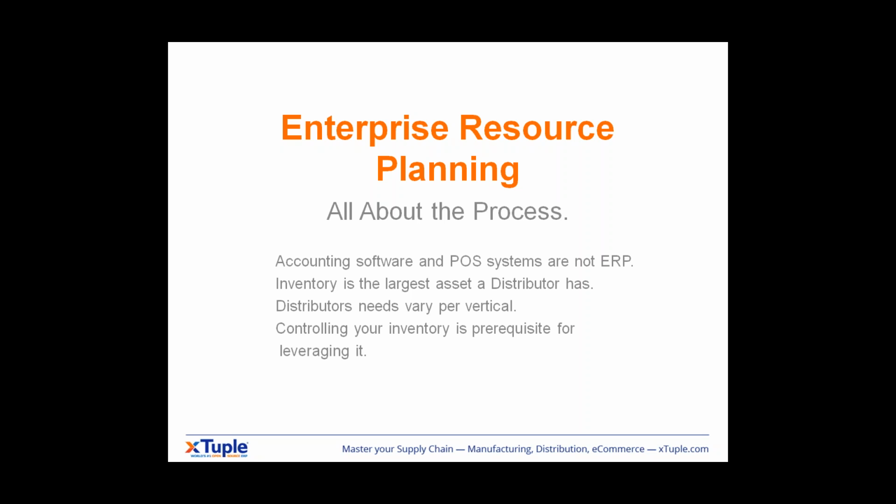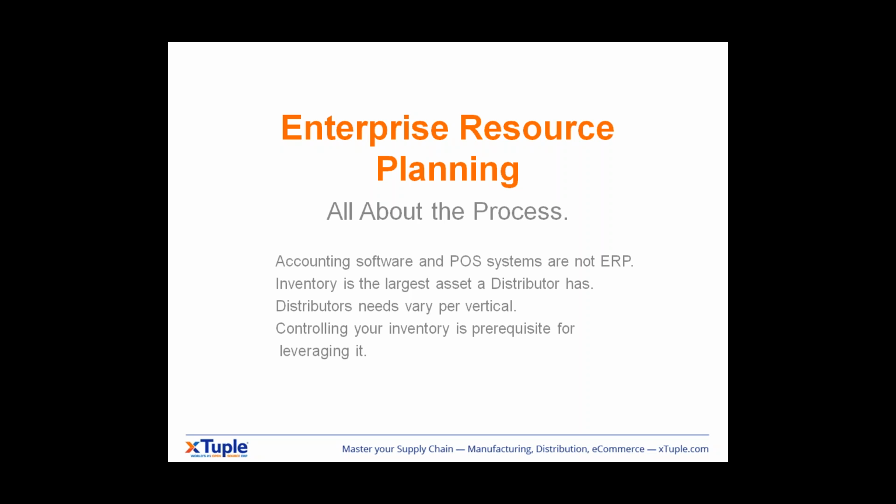So controlling your inventory is a prerequisite for leveraging it. If you're in distribution, then you're going to have competition from big box stores and national chains. Odds are you're going to be a small guy in a certain market, and your relationships and your inventory are going to be the factor that keeps you in the game.